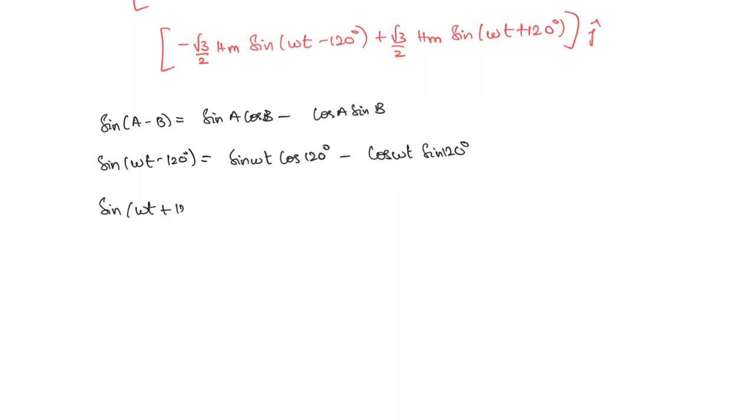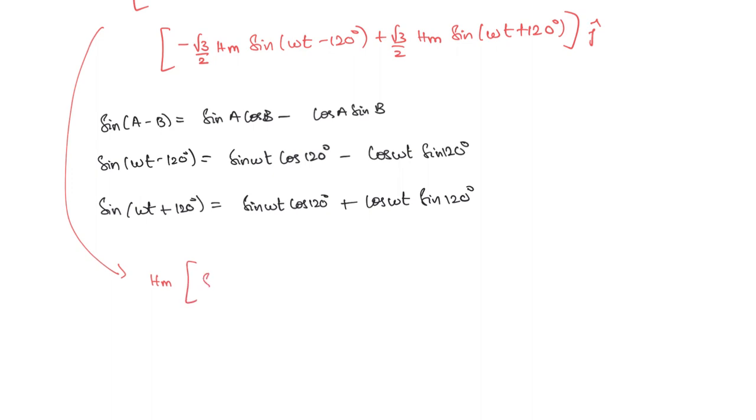So sine omega t plus 120 degrees is going to be sine omega t cos 120 degrees plus cos omega t sine 120 degrees. Okay. So you apply the same thing here. So what are you going to get here? In this term you're going to be left with Hm, you can take out common. So you're going to have sine omega t, minus 0.5 you can take out common. So you're going to be left with sine omega t minus 120 degrees plus sine omega t plus 120 degrees. So this is I cap.